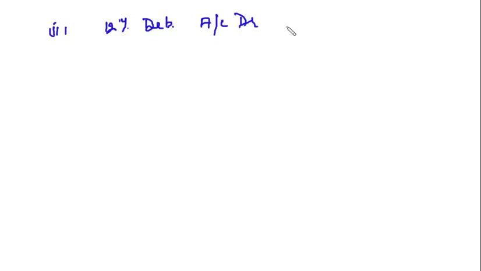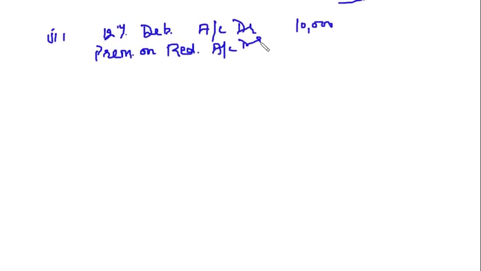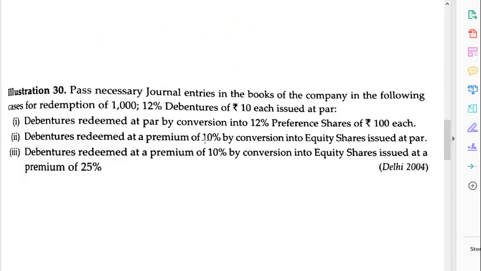You have to pay 12% debentures, 10,000 rupees. You have to pay premium on redemption. This is also the amount that you have to pay to the debenture holder. How much? 10% of this, 1,000 rupees. So the total amount payable to the debenture holder is 11,000.